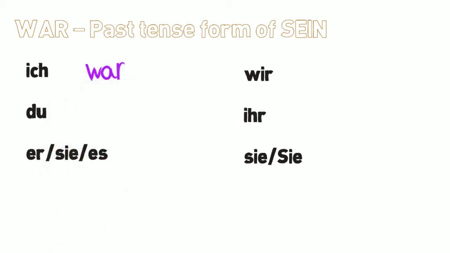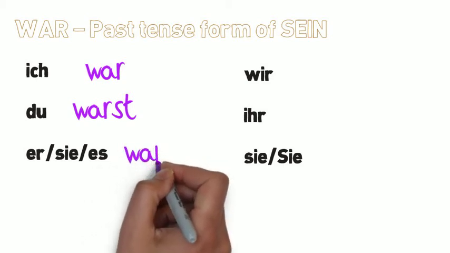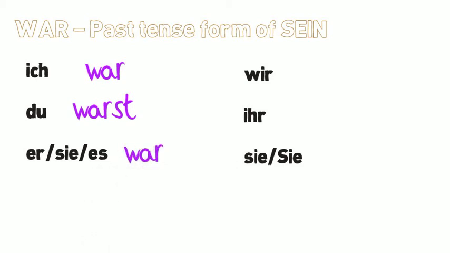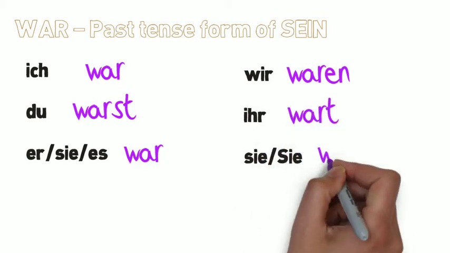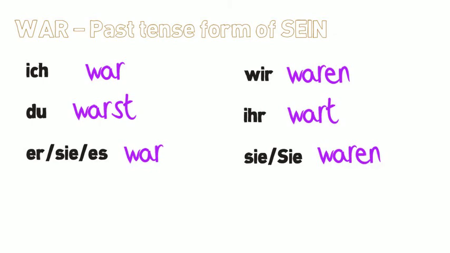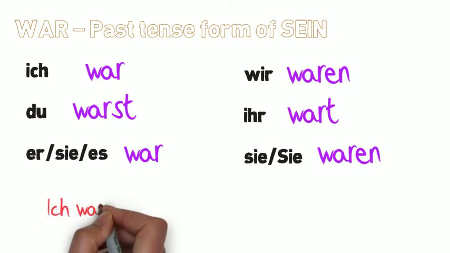Notice in the singular forms that there's a nothing, st, nothing pattern in the singular, similar to a modal verb. So we have ich war, du warst, sie, es war, wir waren, ihr wart, sie und Sie waren.